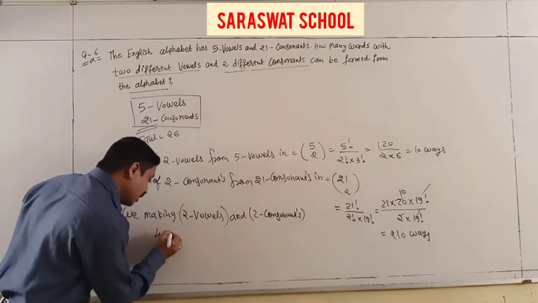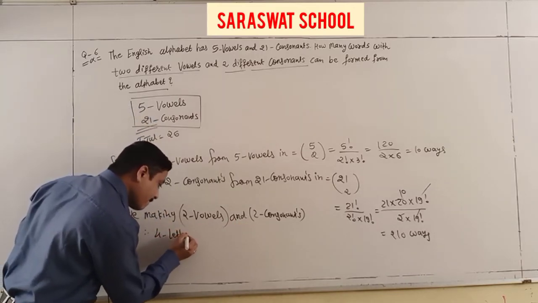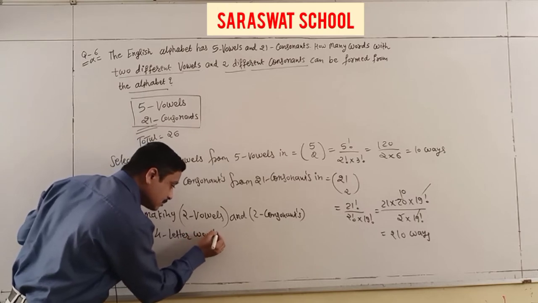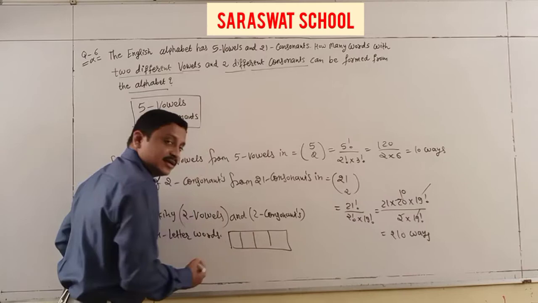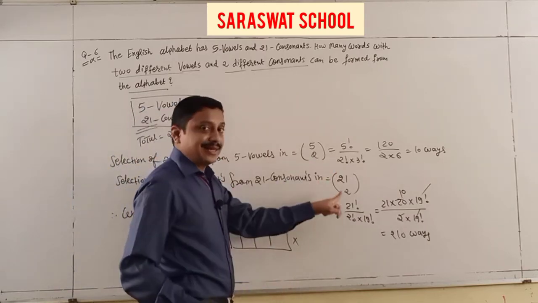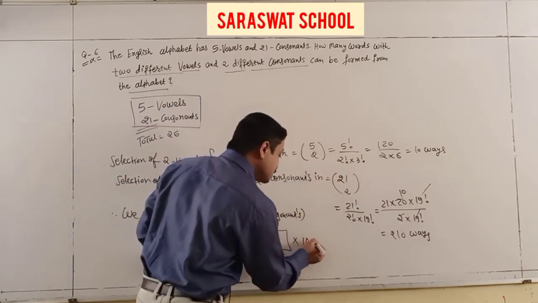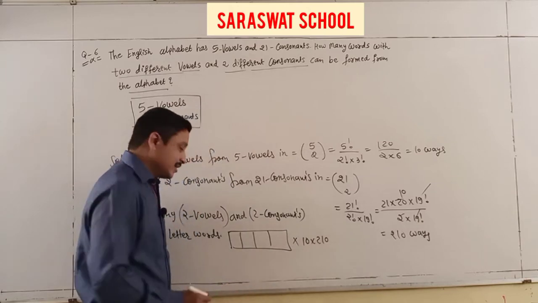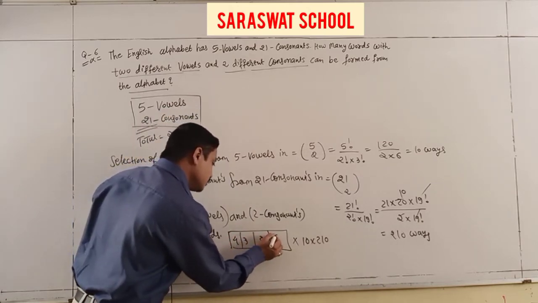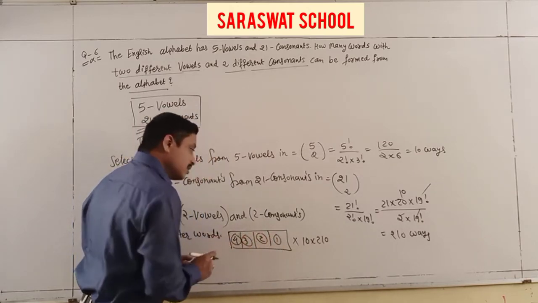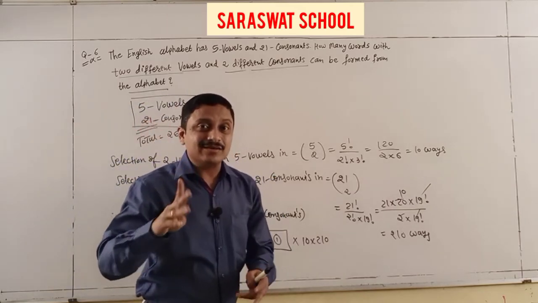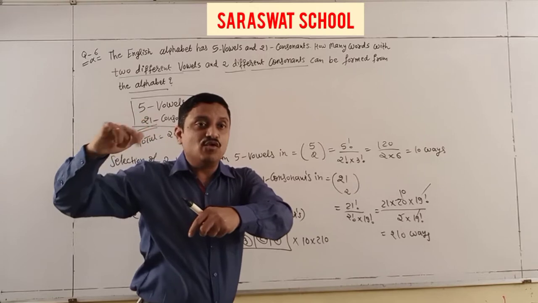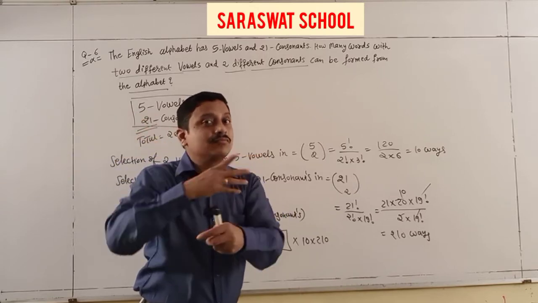It means 4 letter words. In this arrangement, 4 ways into this selection, 10 into 210 ways. Here apply 4, 3, 2, 1 ways, because 4 letters are arranged in the way of 4, 3, 2, 1, 4 factorial.